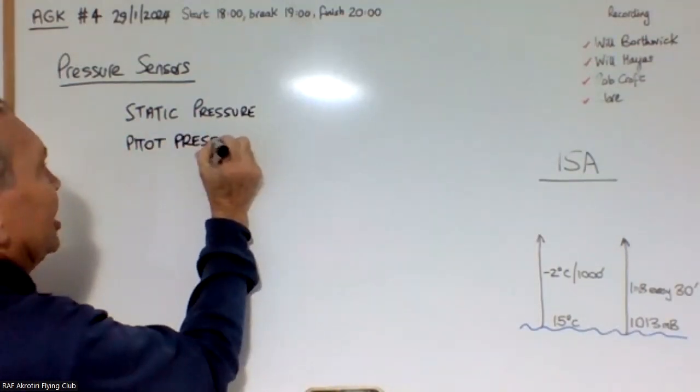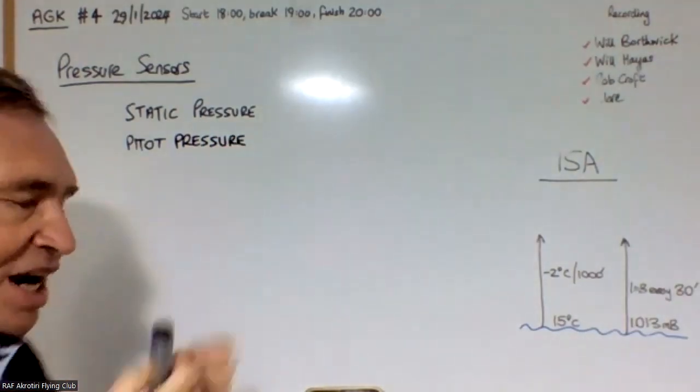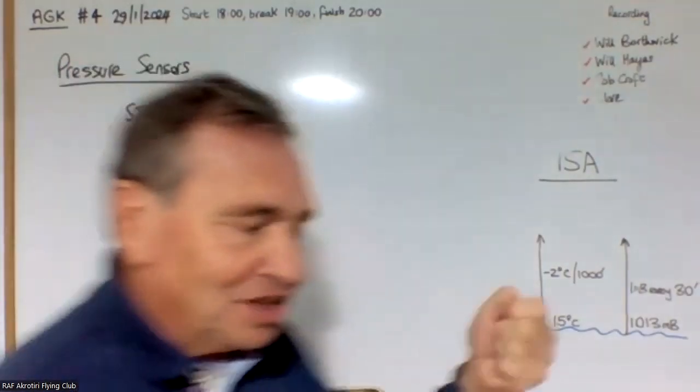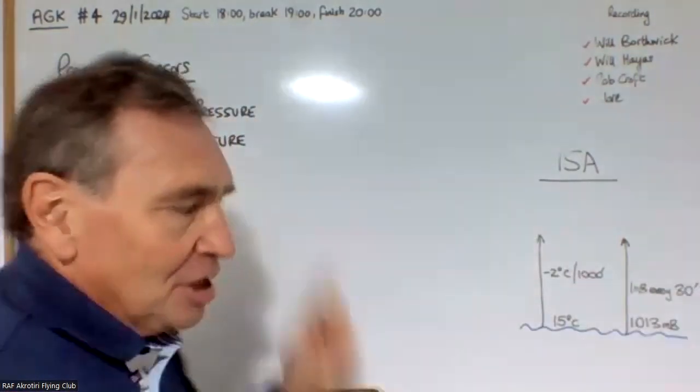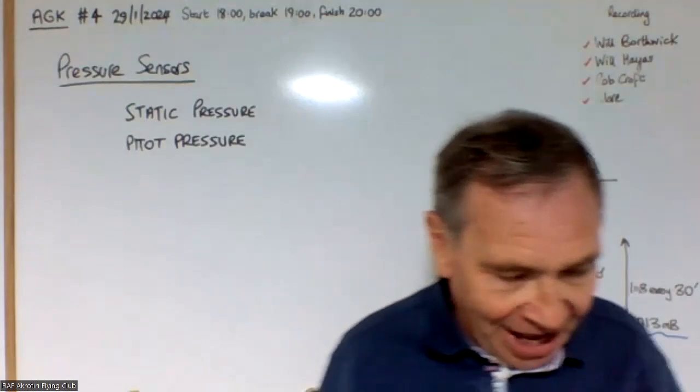So into the cockpit behind the instrument, you've got two plastic tubes. One is connected to your static ports. The other one's connected to your pitot tube that's measuring this ram air.